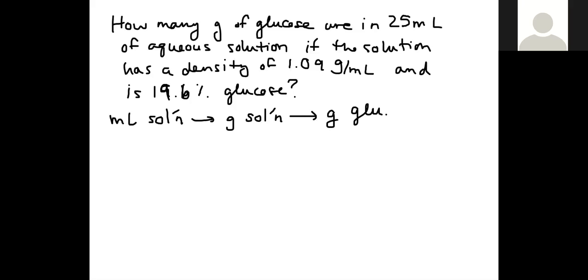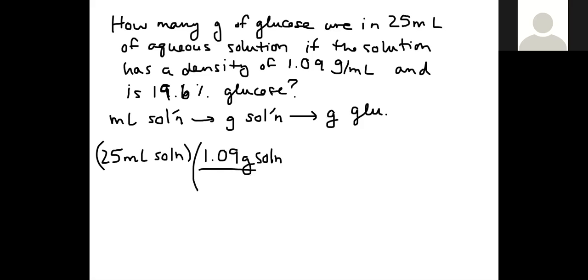All right, so my unit map here is I'm going from mils of solution to grams of solution to grams of glucose. So if I start with 25 mils of solution, what conversion factor will I use to get to grams of solution? Density, okay? So I'm going to use 1.09 grams of solution per 1 mil of that solution.